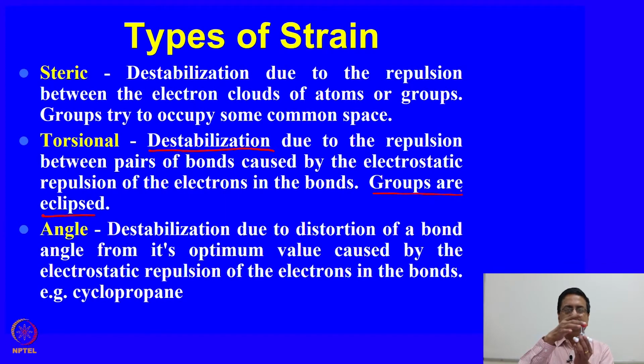One is the steric strain because of those 2 bulky groups being eclipsed. And every bond is behind another bond: the C-Br bond is behind the C-Br bond, this C-H bond is behind another C-H bond, and this C-H bond is behind another C-H bond. This bond strain, called the torsional strain, is present in the eclipsed conformation.